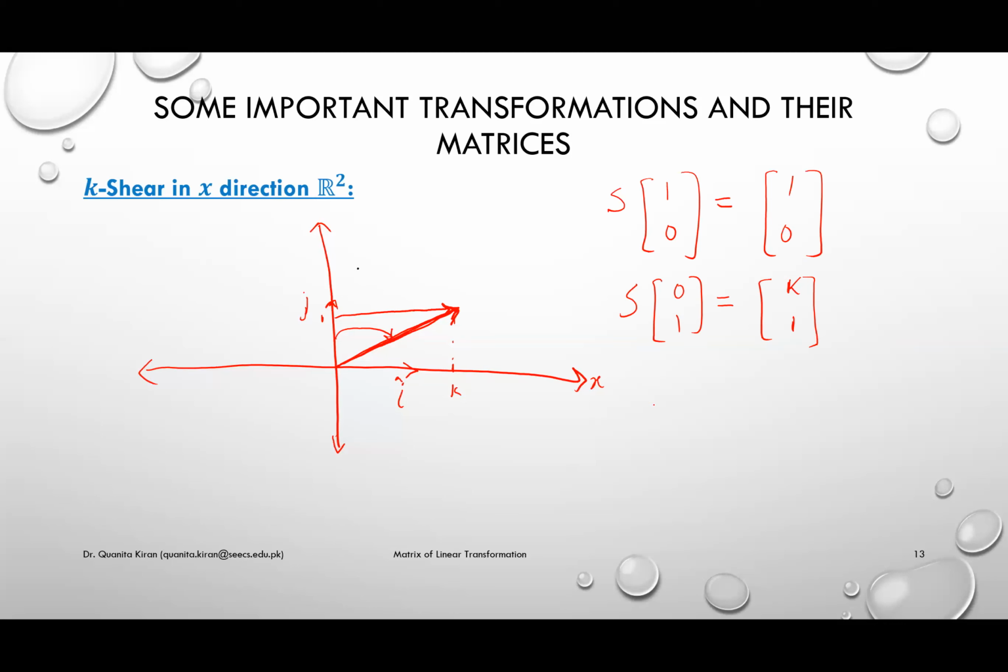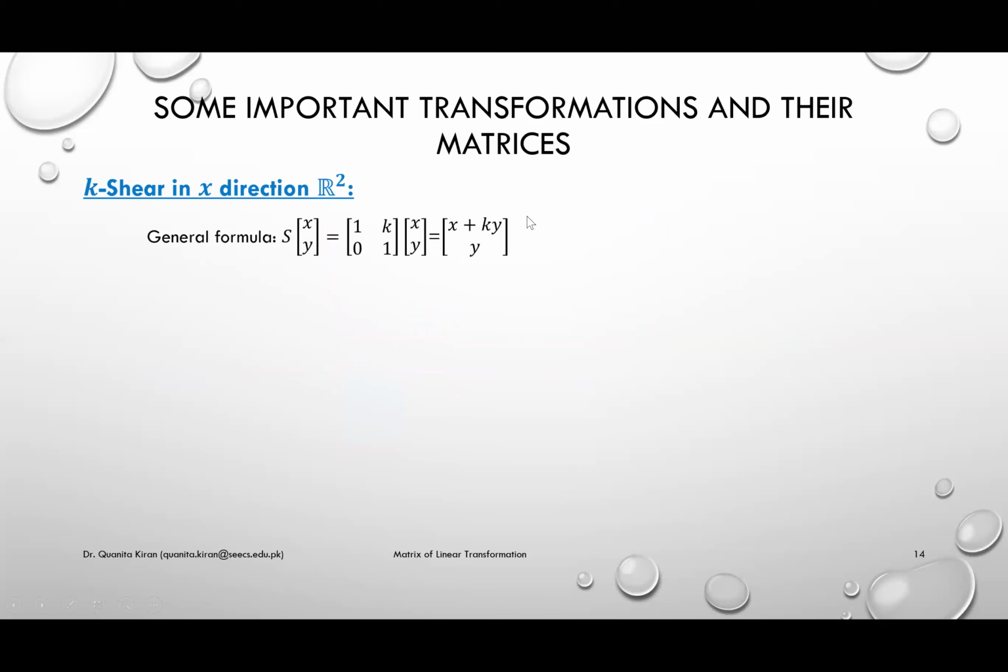So here, if we write the matrix of shear transformation, the k unit shear, it will be [1, k; 0, 1]. So this is the general formula: (x + ky, y).